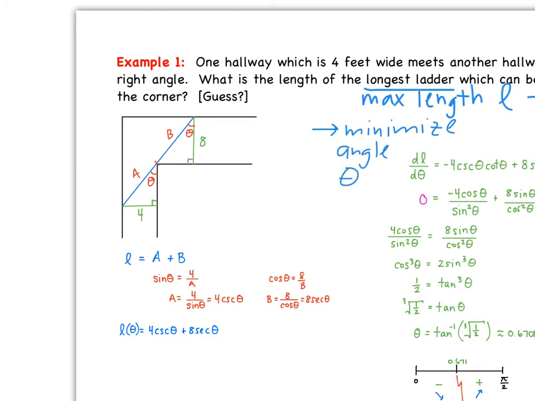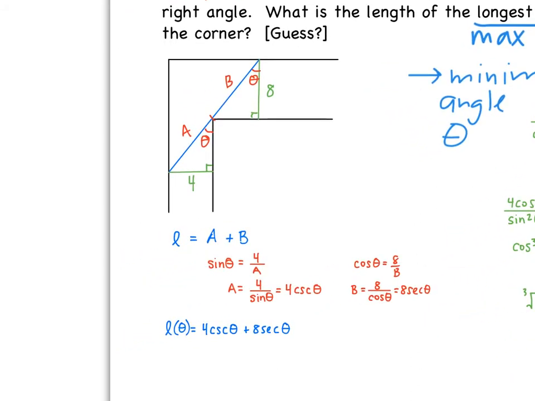Okay, so moving back over here, the first thing we need is the length of the ladder in terms of that angle theta. So if we have our triangle, we can use the sine of theta here. So sine of theta is equal to 4 over A. And so we can solve for A. A is really equal to 4 over the sine of theta, which we could just call 4 cosecant theta.